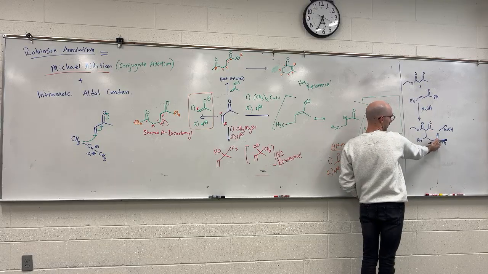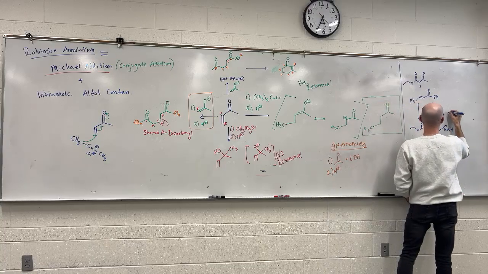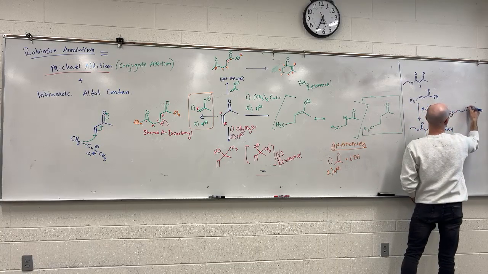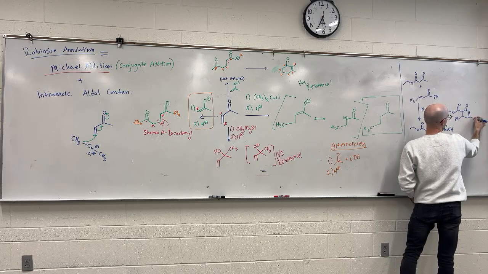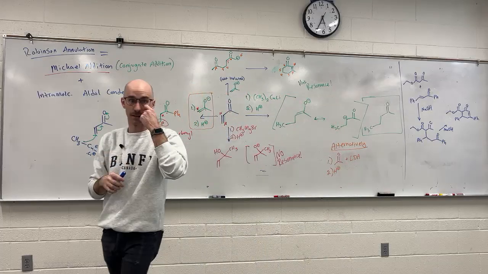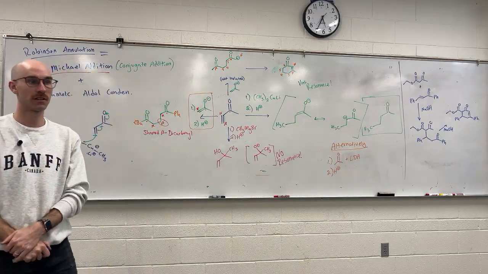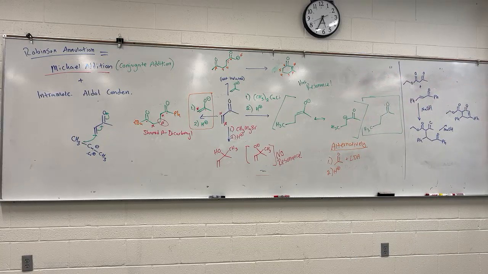And it attacks the carbonyl on the ring. Leaves us with a 6-membered ring. Couple of phenyl groups. Intramolecular aldol. Incredible. And it happens in seconds. It is not a long reaction.